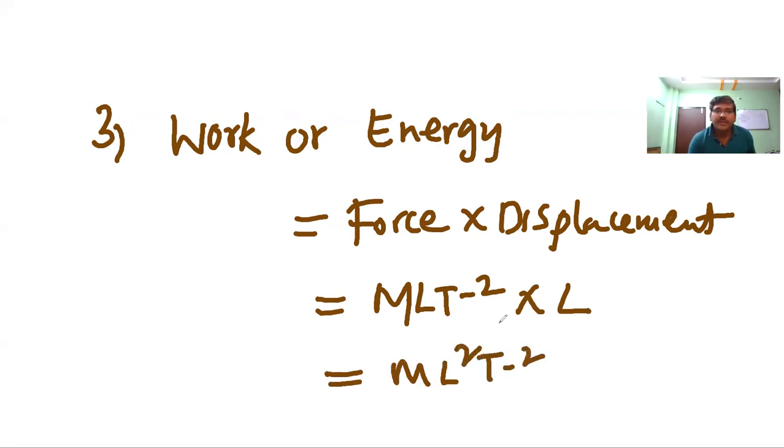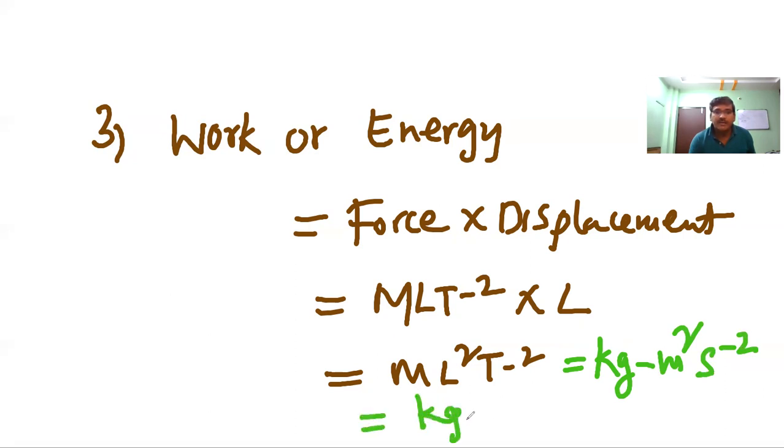Let me put this expression in terms of the units. Mass unit is kg, length is meter square, and time is second minus 2. So this becomes kg meter square per second square.